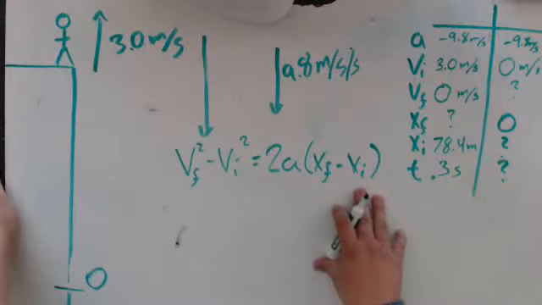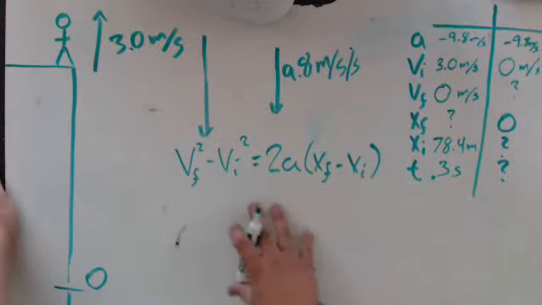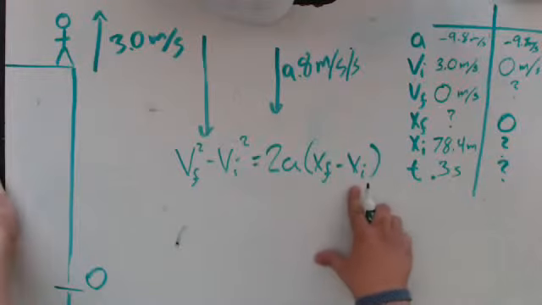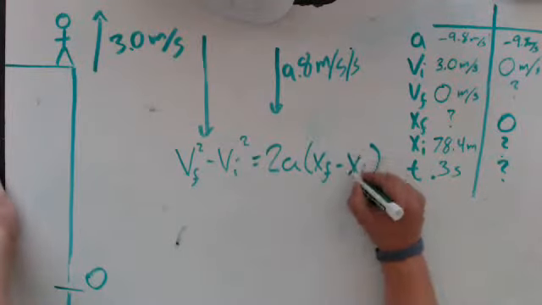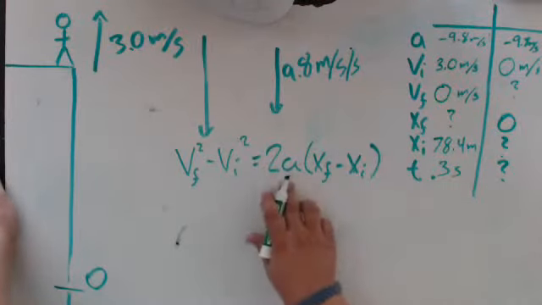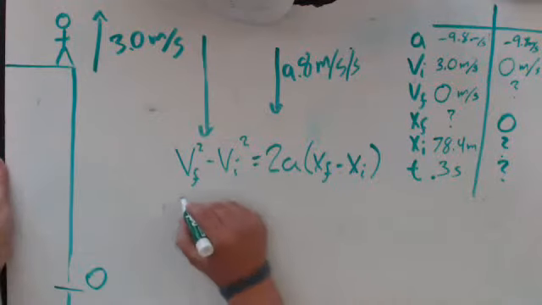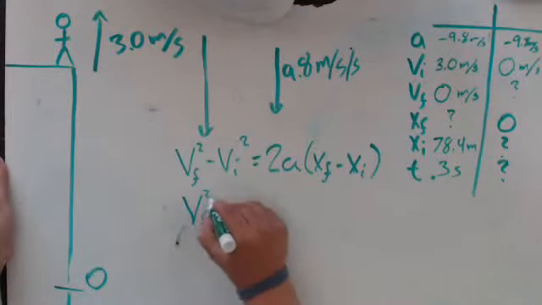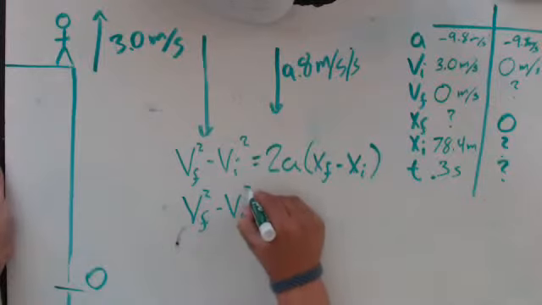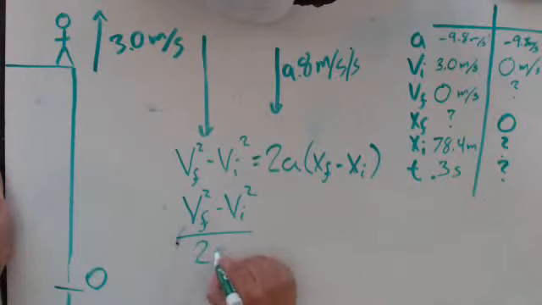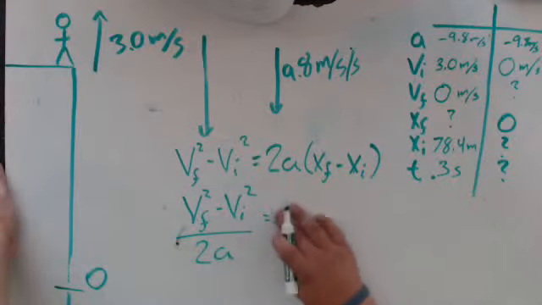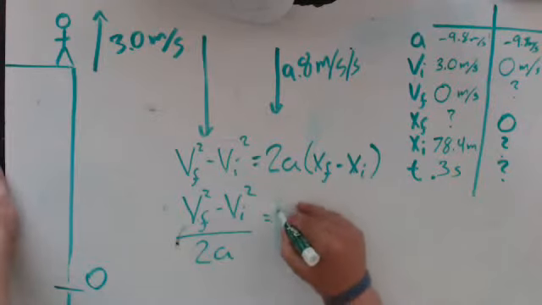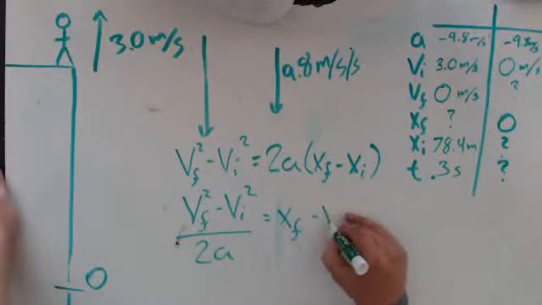I'm looking for my final position, so I need to move everything else around. I'd like to be able to move this first, but I can't because of the parentheses, so I have to move this first. So I'm left with v final squared minus v initial squared over 2a is equal to, I get to drop the parentheses because it's not being multiplied by anything anymore.